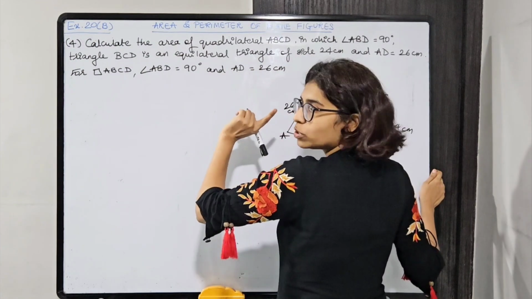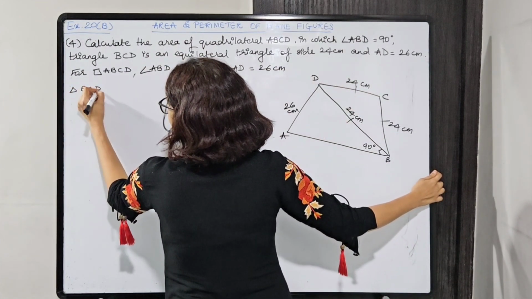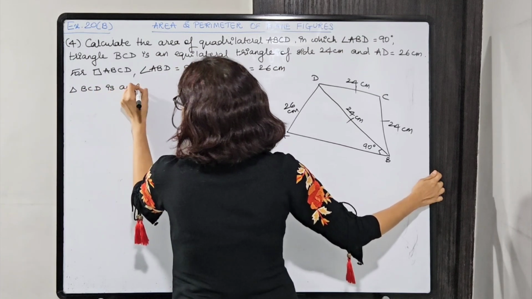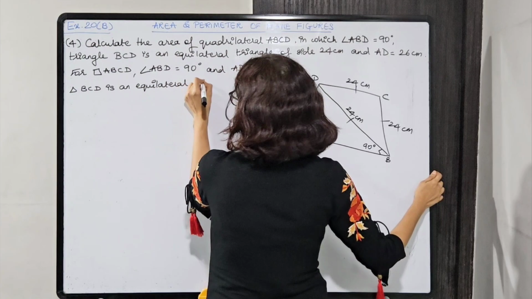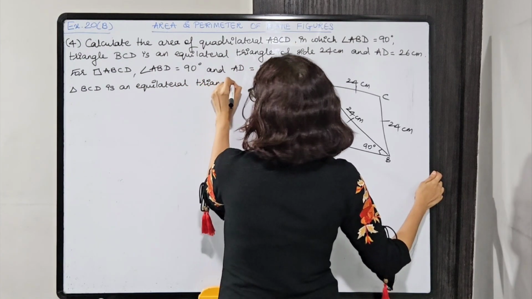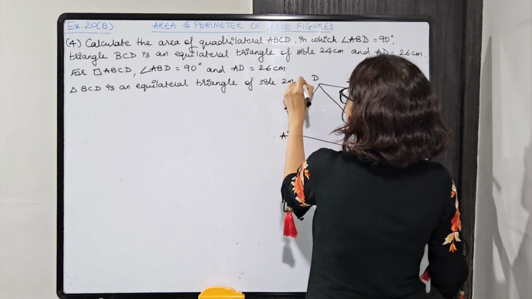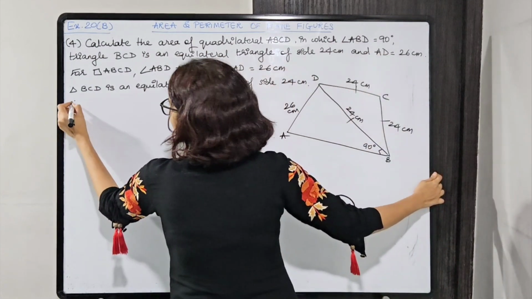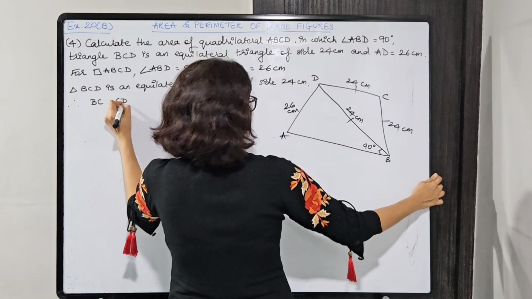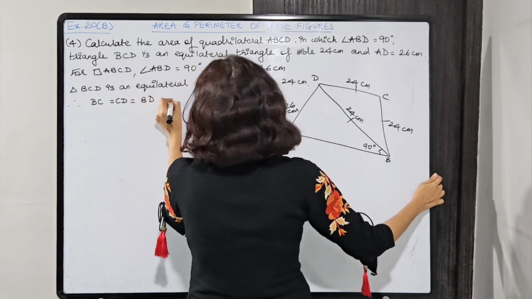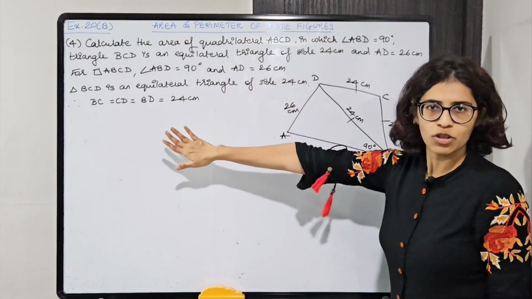So write these two things, then write down that triangle BCD is an equilateral triangle of side 24 centimeter. So therefore I can say BC equals to CD equals to BD is equal to 24 centimeter. All right, this is the given information.